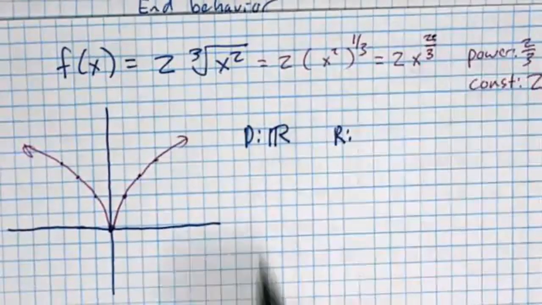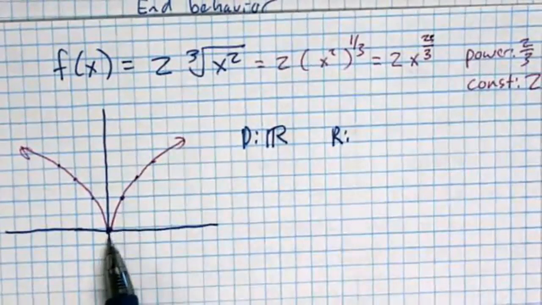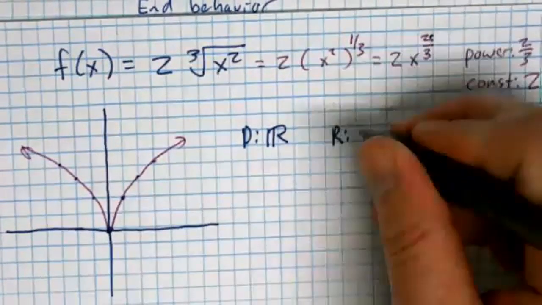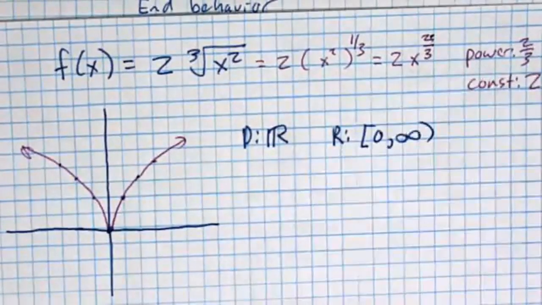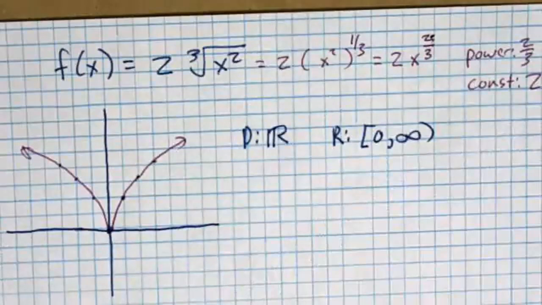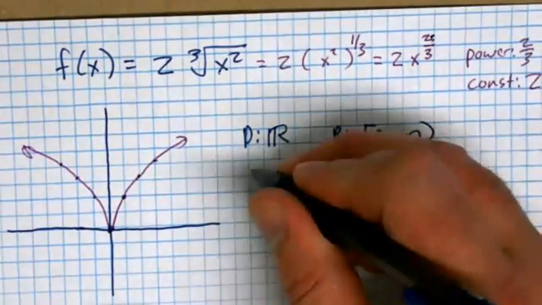Range, doesn't seem like we're ever going to get any negatives out of this thing. So I'm going to say 0 to infinity, as 0 is on the graph. So 0 gets a bracket. Stop me if at any point here you're unsure about any of this. What do we got next? Continuity. Is this graph continuous? Yeah, it is. There's no breaks in it any place.